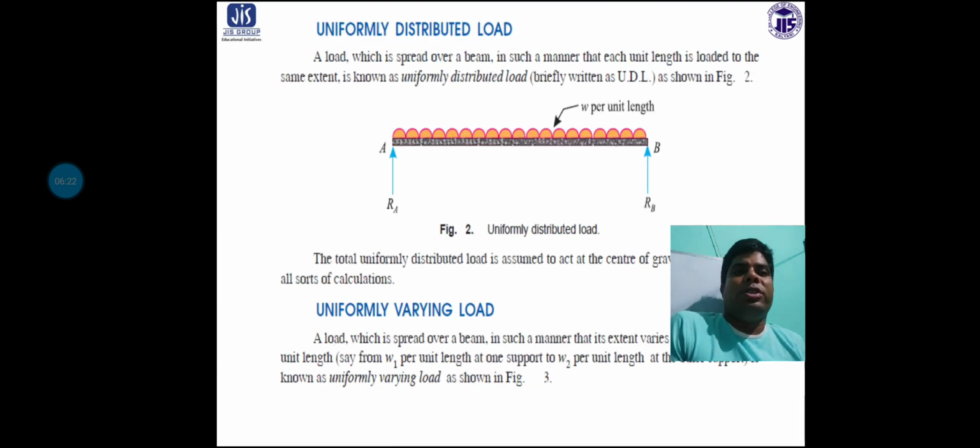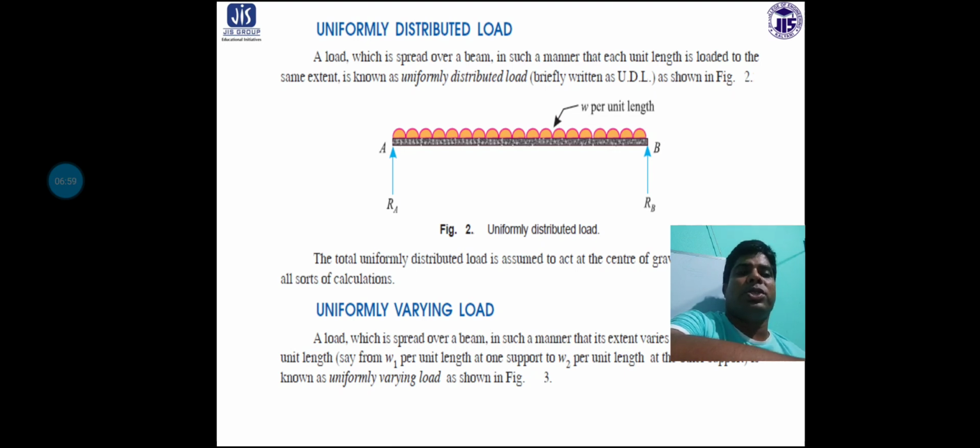Now uniformly distributed load: a load which is spread over a beam in such a manner that each unit length is loaded to the same extent is known as uniformly distributed load, and the simple short form is UDL. In this loading system, the load is distributed over the entire surface of the beam from starting point to end point.